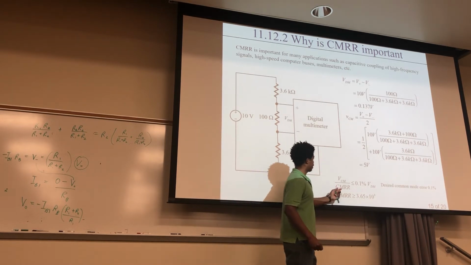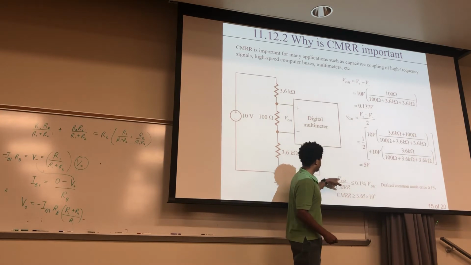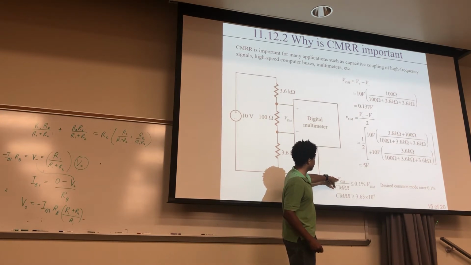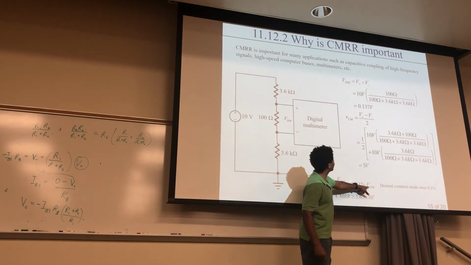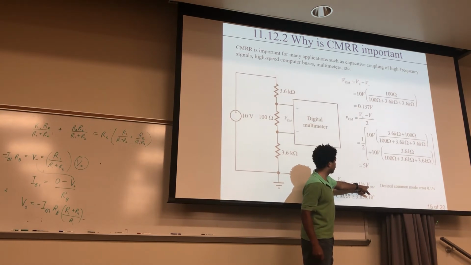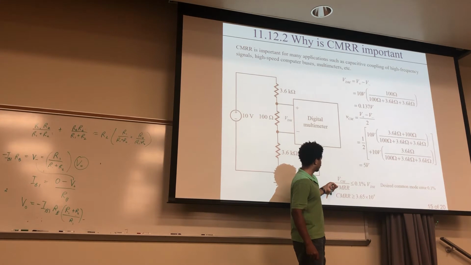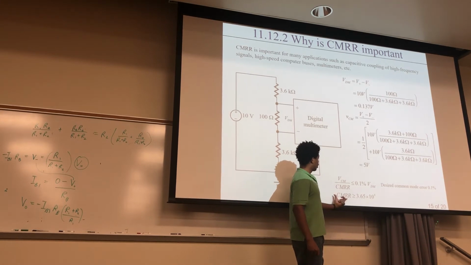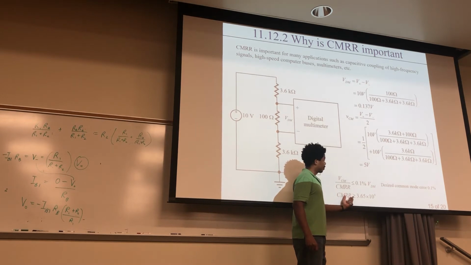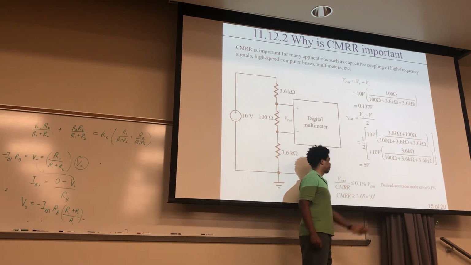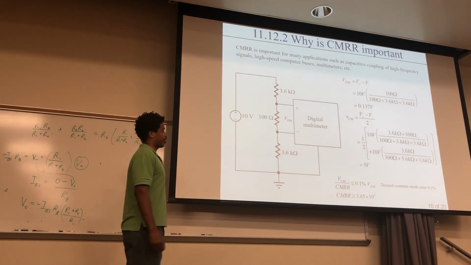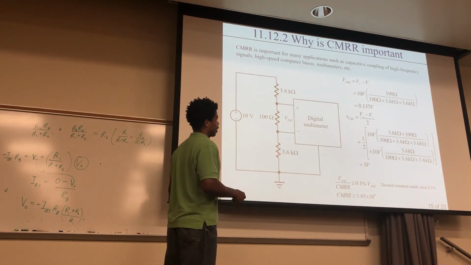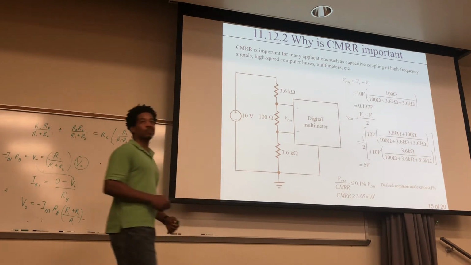In this particular case, if you solve for this as the unknown, basically you're going to plug your 5 volts in here, you're going to plug your 0.137 volts into here, and solve for this as an unknown. And what you get is that you need a common mode rejection ratio of greater than or equal to this amount right here. Just because you're going to have to deal with that kind of error, because this can become kind of large for some systems. Okay.